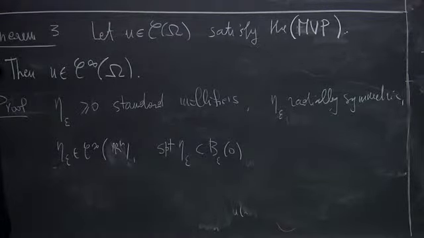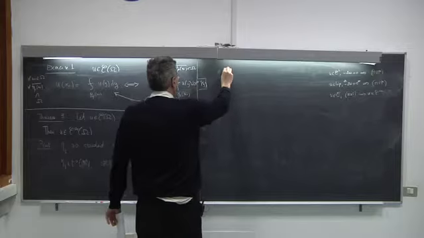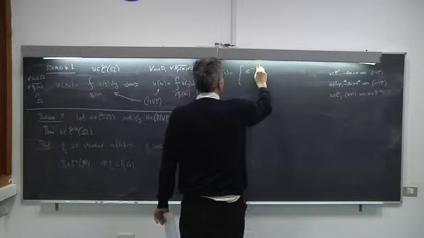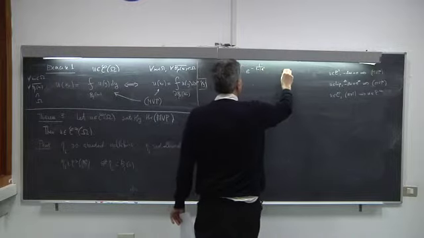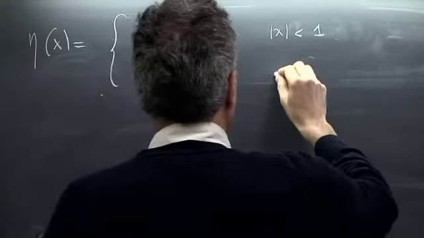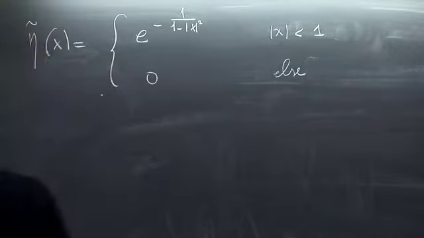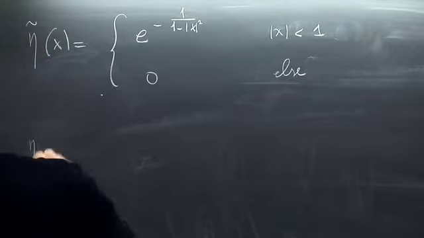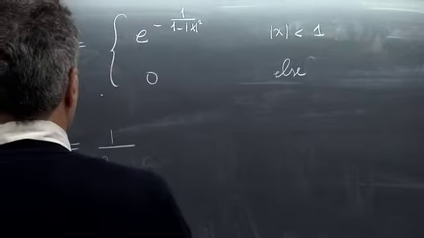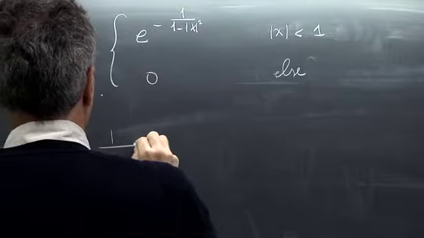For instance, the usual way is maybe eta of x equal to e to the minus 1 over 1 minus x squared if x is less than or equal to 1, and 0 else. Maybe let me call this eta tilde, and then eta of x is 1 over the integral of eta tilde, times eta tilde.